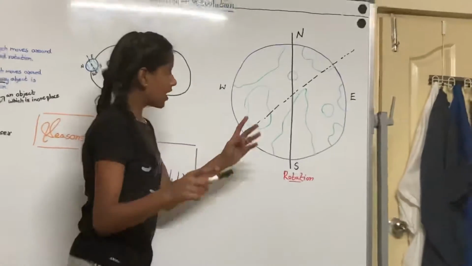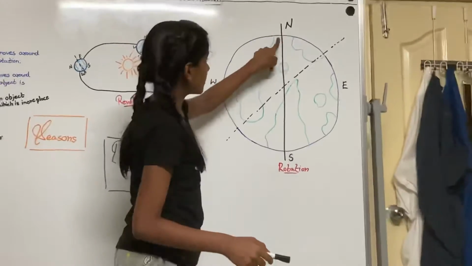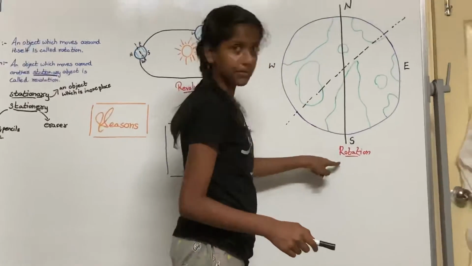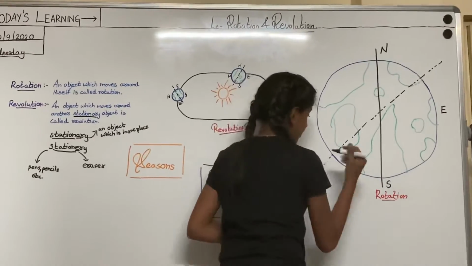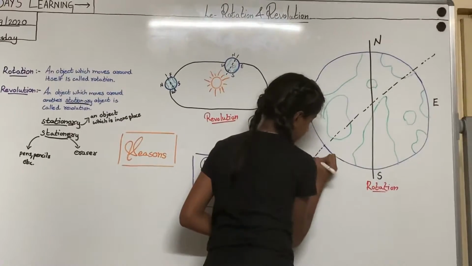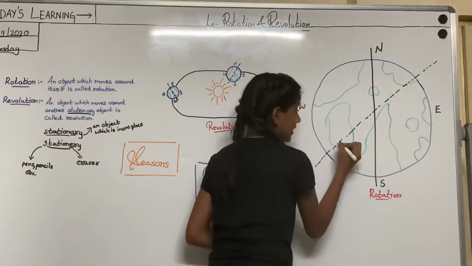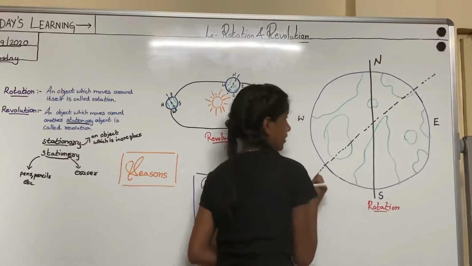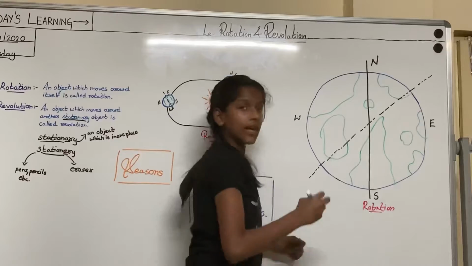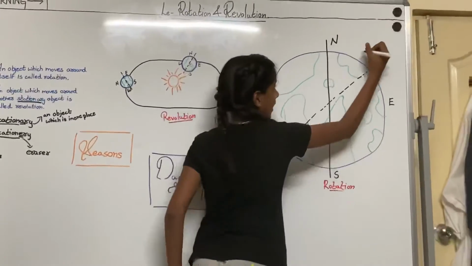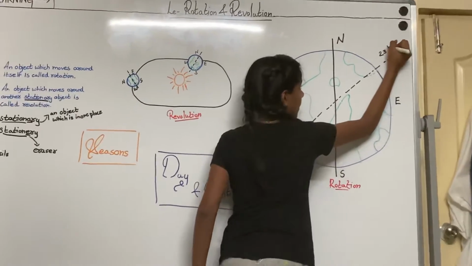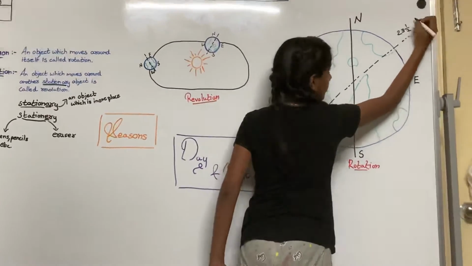We think that the Earth's axis is right through the middle, but no. Can you see these dotted lines? This dotted line is the axis. The axis is tilted by 23.5 degrees.